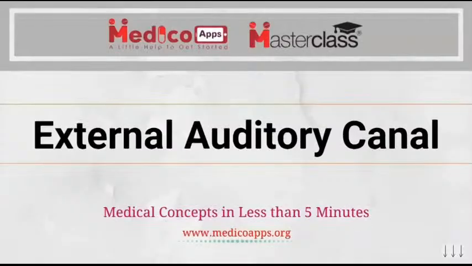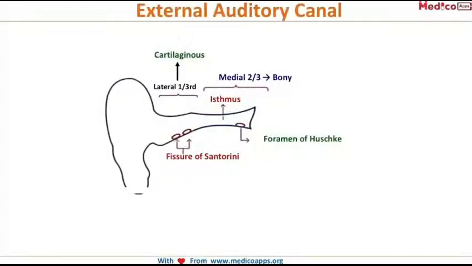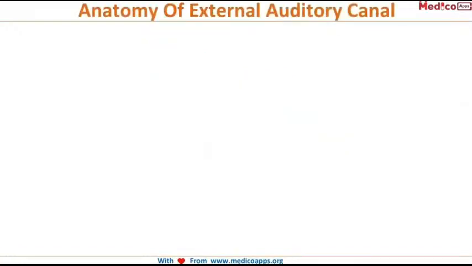Now let's proceed to the external auditory canal. This is how the external auditory canal appears. The lateral 1/3 is cartilaginous and the medial 2/3 is bony. Here is present the foramen of Huschke, and here is the fissure of Santorini. Now let's understand in detail.